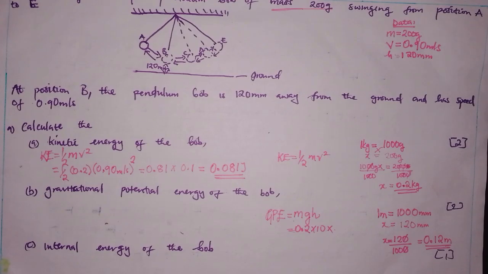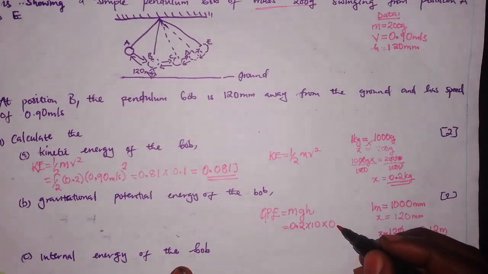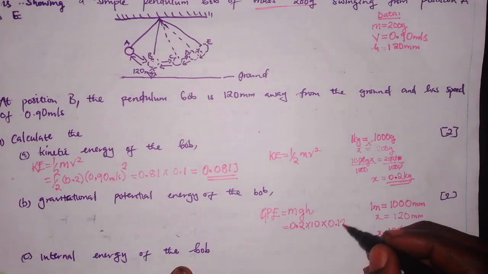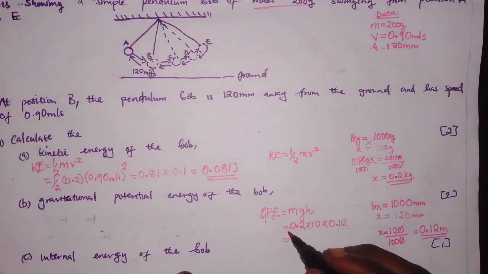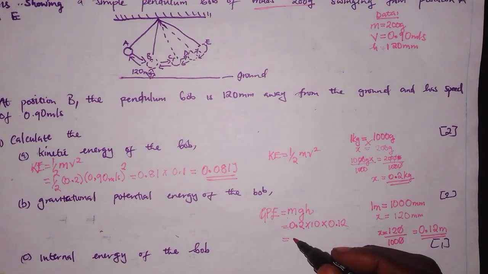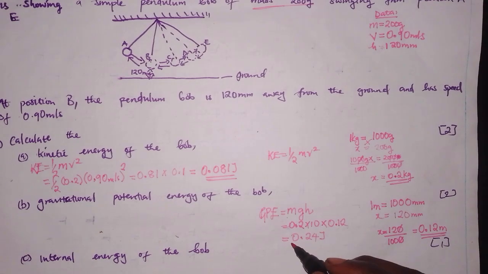So now we have everything we need to calculate the gravitational potential energy. So now we say 0.12. If you multiply everything on the calculator, you find your answer to be 0.24 joules.